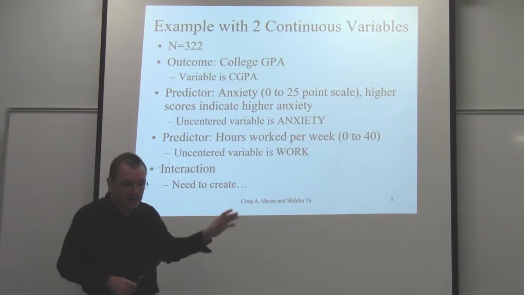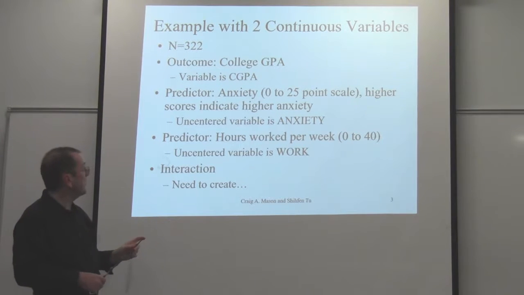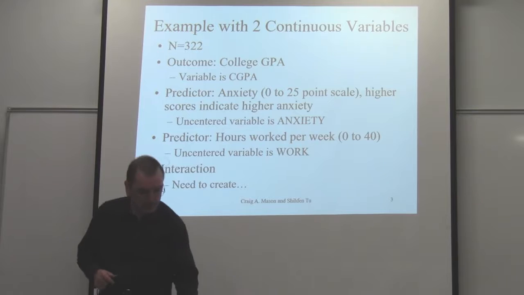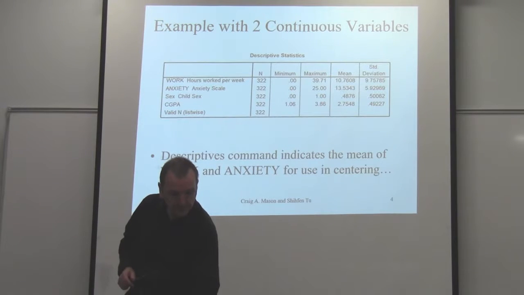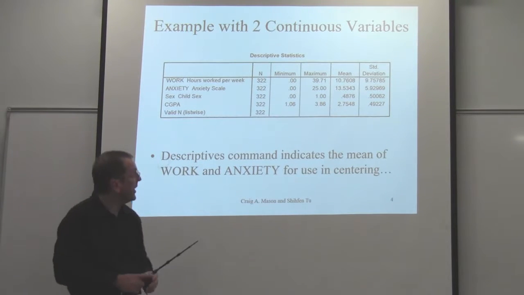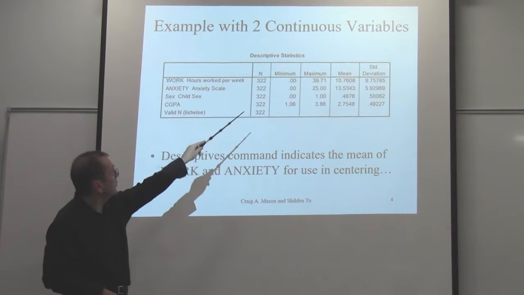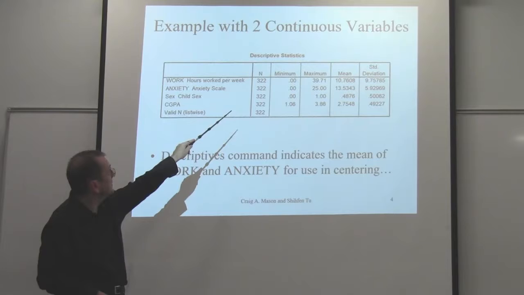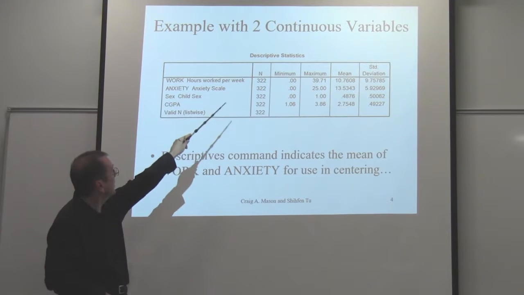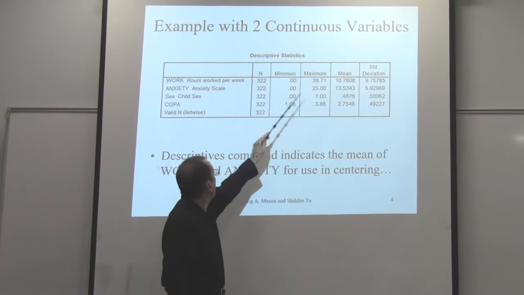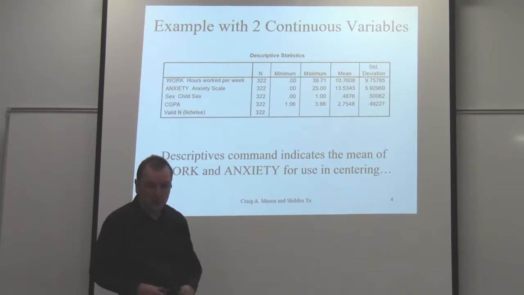In this case, I'm not going to center them, for whatever reason. We need to create our interaction term. Here are our descriptive scores. If you do want to center, you can get the means for work and anxiety.